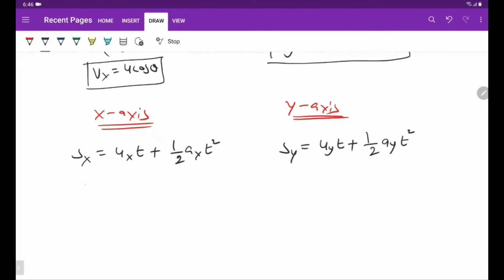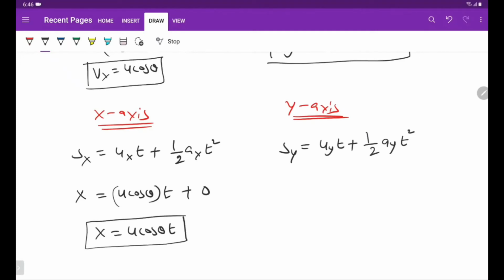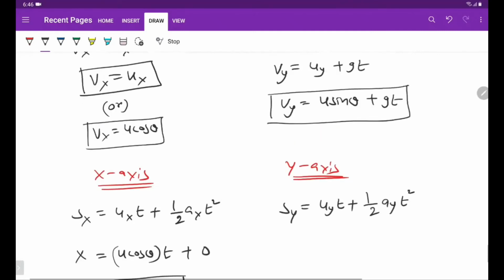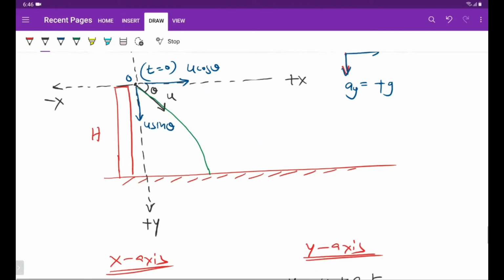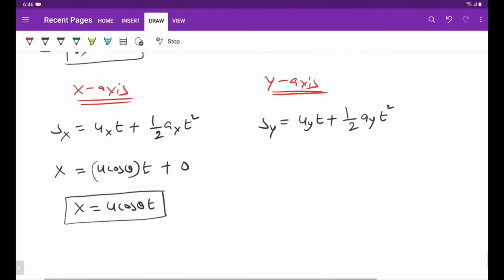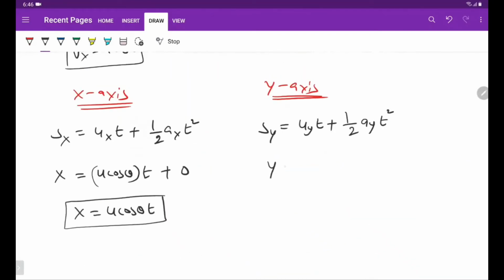Along the x direction, the particle moves right, so x is always positive. Ux is u cos theta according to the diagram, and ax is 0, so x is equal to u cos theta into t. We are following this coordinate system where right side is positive and downward is positive, so x is always positive and y is also always positive.